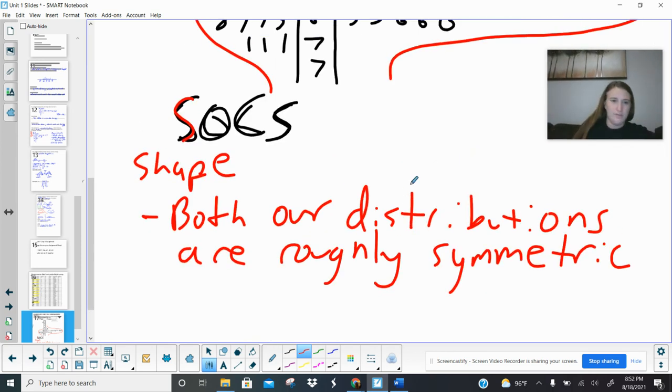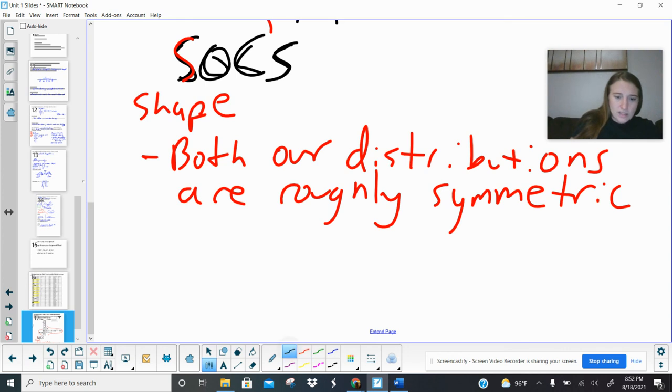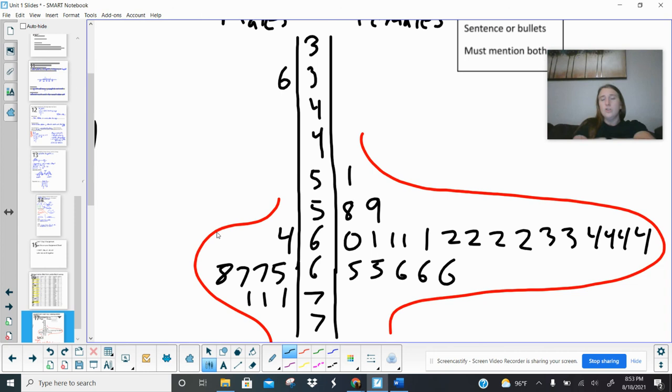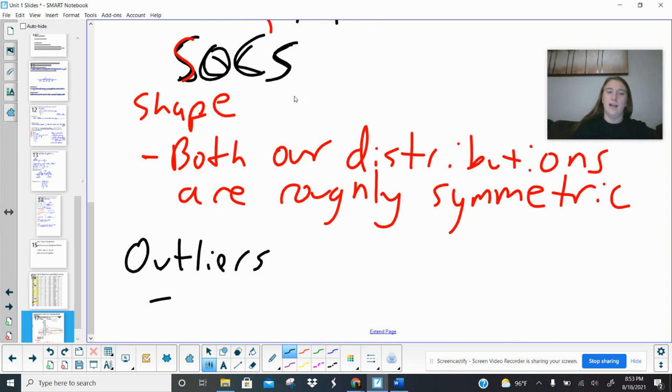They're roughly symmetric. The O stands for outliers, which we do have a possible one, right? Looking at our data here, do we have any possible outliers? That 36, we know someone is not 3 feet tall in our class. That 36 is an outlier. And mathematically, later, we'll have a way of determining if something is an outlier.